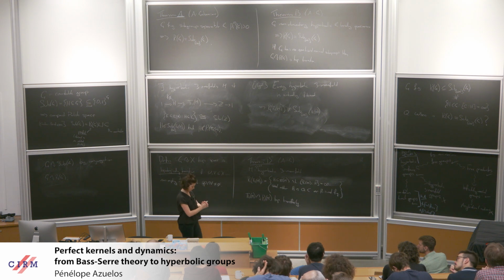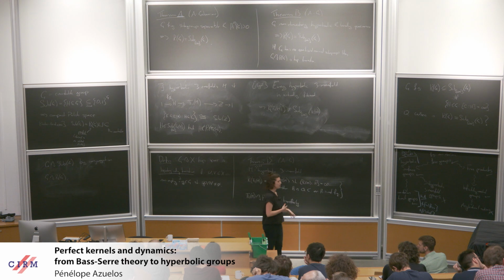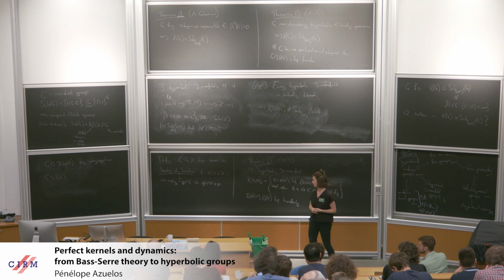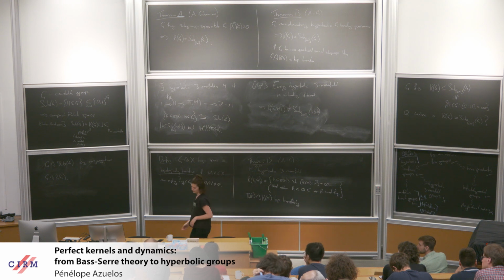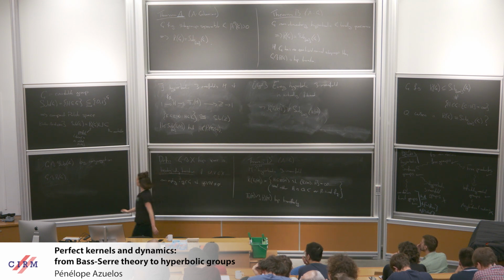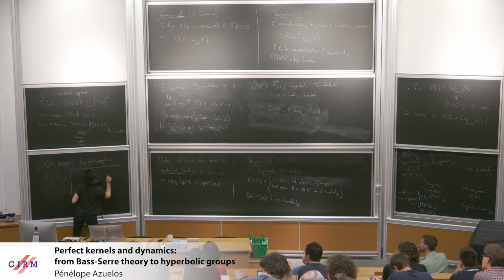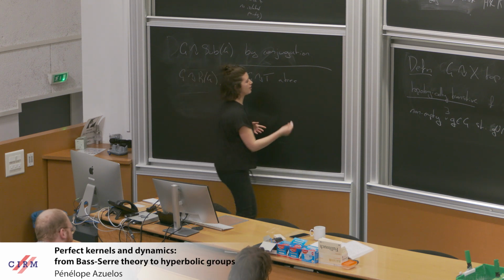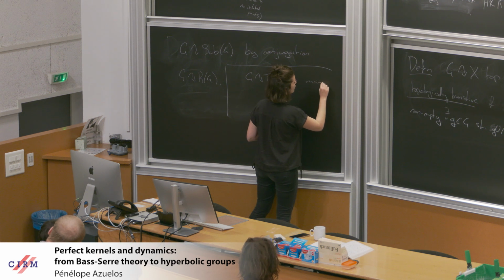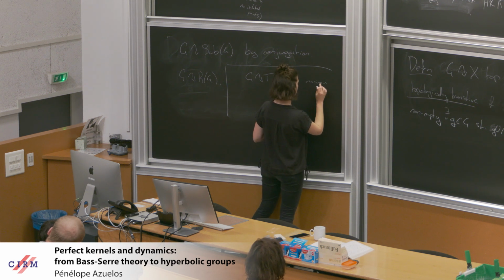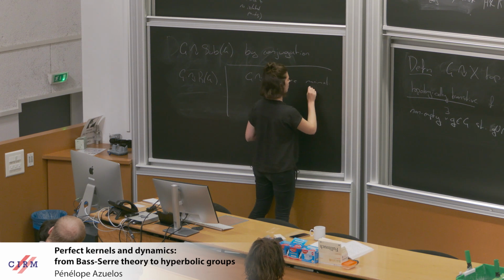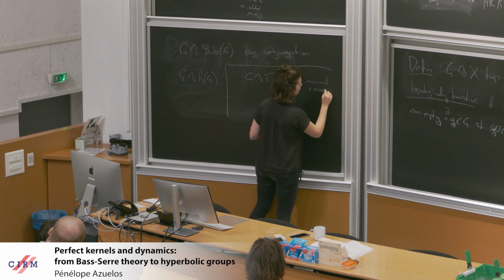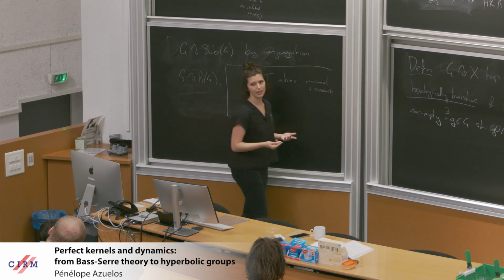And when looking at actions on trees, it turns out that there's a similar behavior going on. What I mean by this is, if I give you a group which is acting on a tree T, and I assume that this action is minimal and irreducible, these are just conditions that ensure that my action is interesting in some sense.